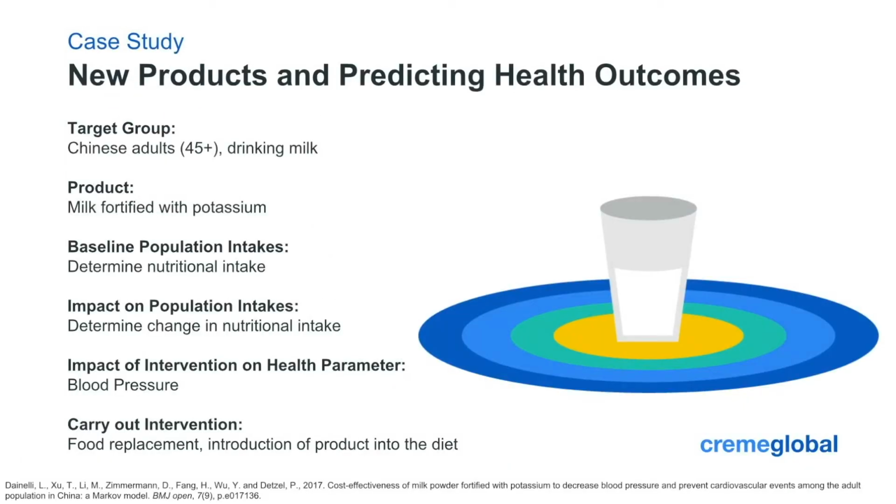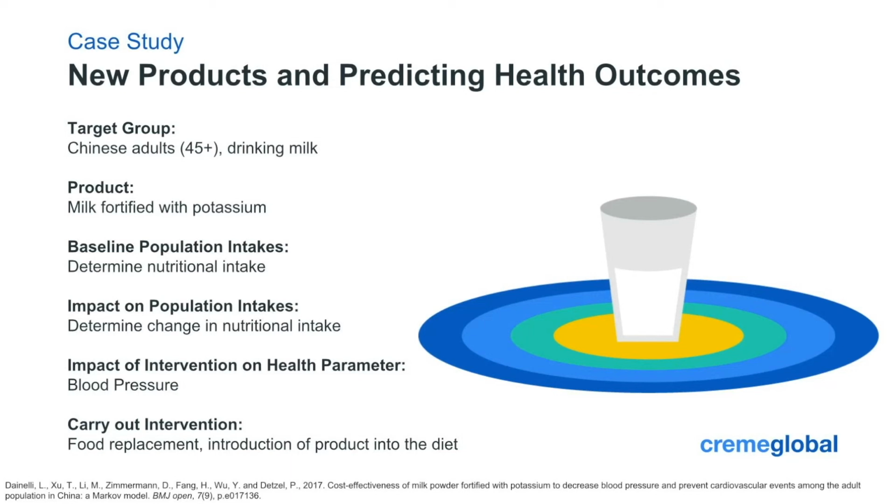And then lastly, our case study was looking at new products and predicting health outcomes. This project aimed to model the impact on nutrient intake and on blood pressure by replacing milk with a milk fortified with potassium. We were looking at Chinese adults aged 45 who were milk consumers.